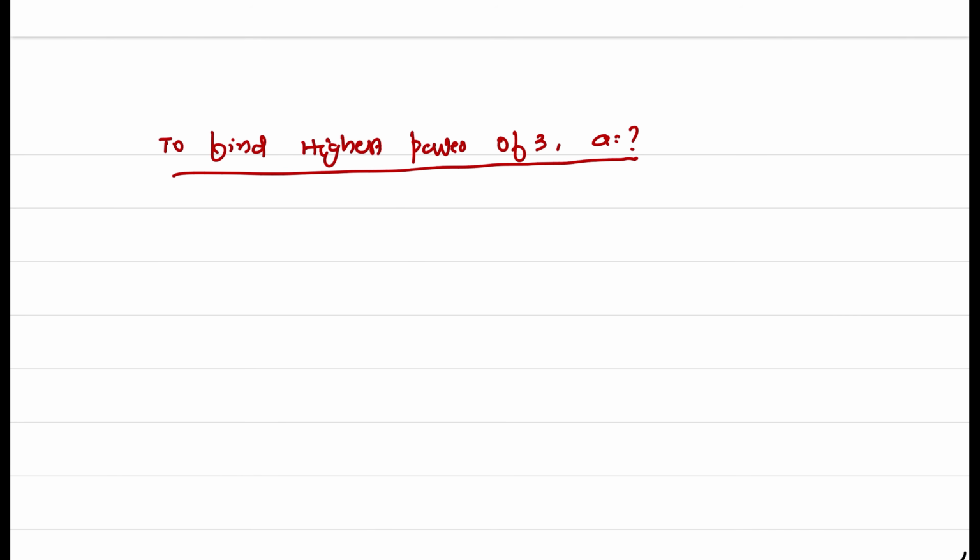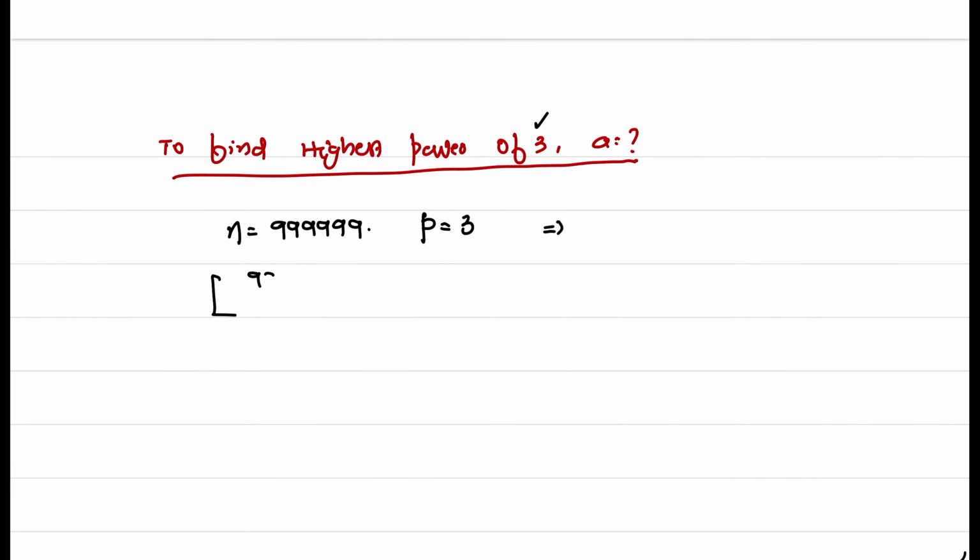From the Legendre theorem, here n is equal to 999999, and for the highest power of 3 the divisor is p equal to 3. Which implies the greatest integer of 999999 by 3 is equal to 333333.